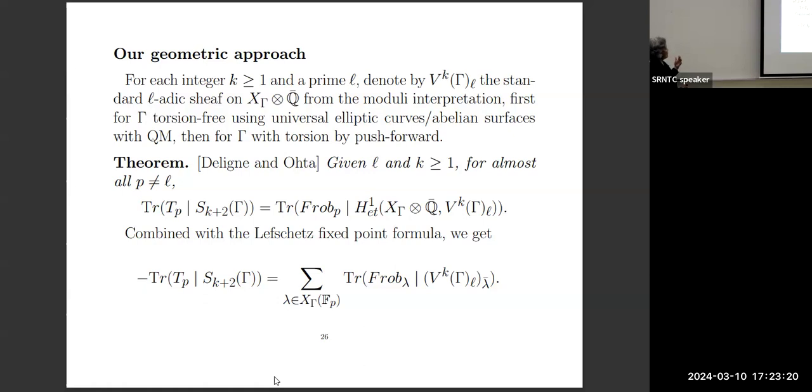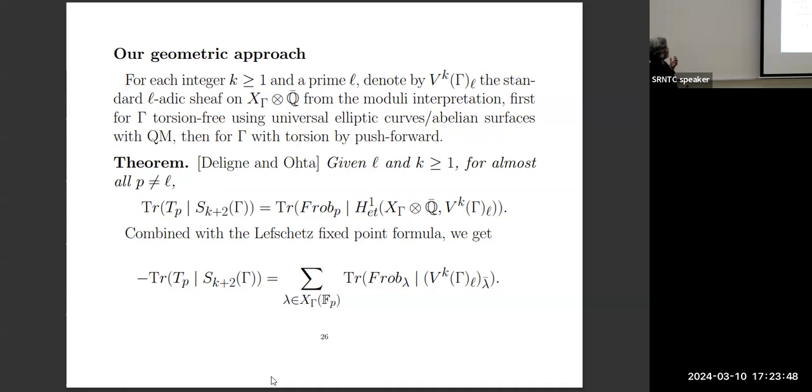This goes back to the work of Deligne when he considered elliptic modular forms of integer weight k, and he constructed an automorphic sheaf for each weight k. If the group gamma is torsion-free, then he uses the universal elliptic curve to construct that sheaf.